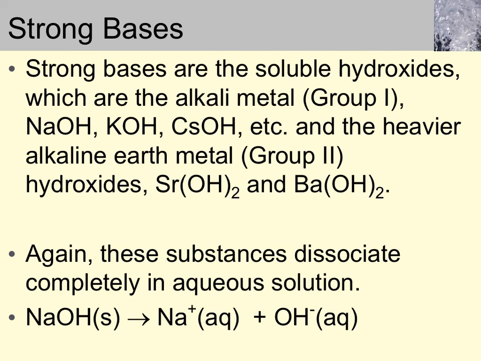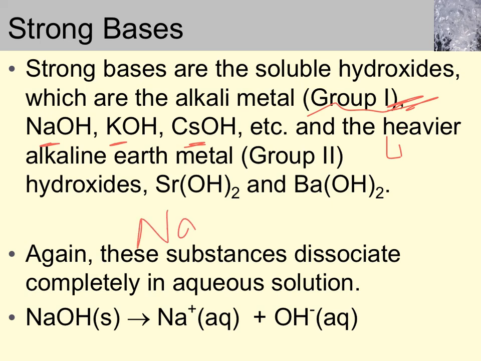There are a handful of strong bases also with the same definition. If it's a strong base in water, they will dissociate or ionize 100%, and none of the original intact base will be left. So what are the strong bases? All of the hydroxides that are made with group 1 metals, so that's sodium, potassium, cesium, lithium, etc., all make strong bases.